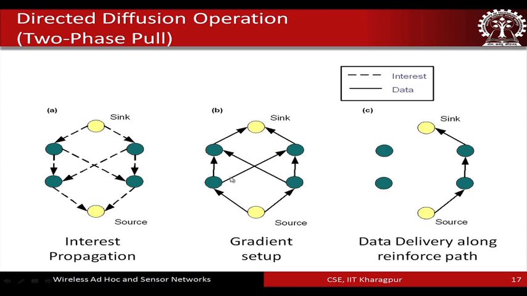This is the gradient setup phase. Along all these different paths, the gradient messages are going to be forwarded, and finally, the least hop count one will be reinforced as the path through which the data are going to be continuously sent from the source node to the sink node.